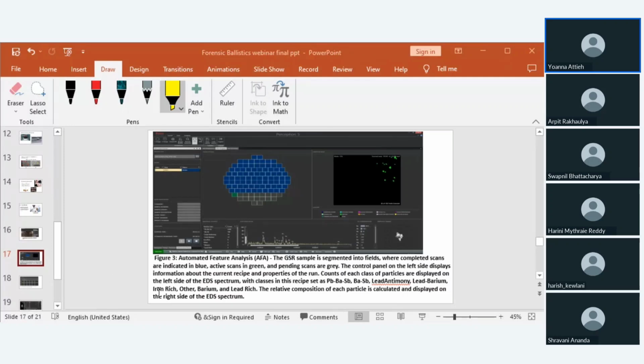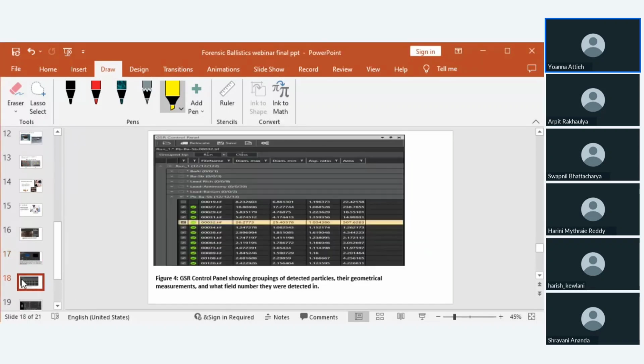Clicking on one will relocate the electron beam to scan the field again, enabling users to perform EDS with a click and overlay a new spectrum with the spectrum obtained in the original run. As you can see in figure number 4, I'll open it for you here, guys.